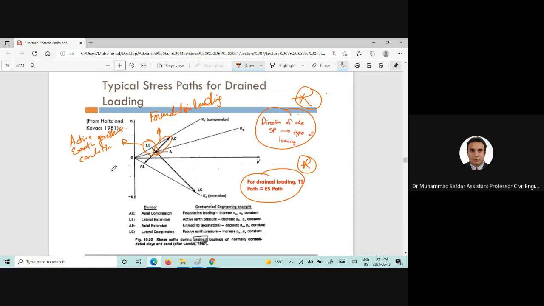Now for the axial extension, this stress path will be related to the unloading or excavation condition. Now how about the lateral compression? This would be the passive earth pressure condition.